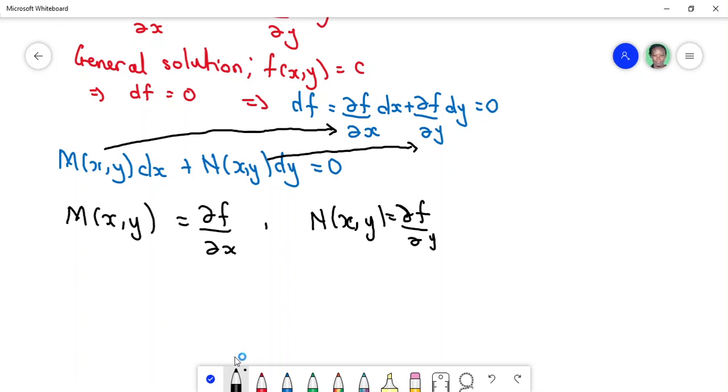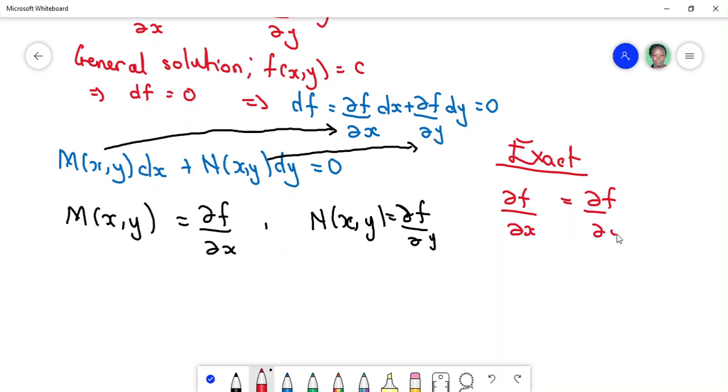So to check if our differential equation is exact, we have, if the partial derivative of f with respect to x is equal to the partial derivative of f with respect to what?